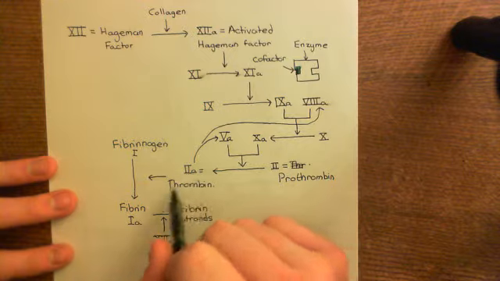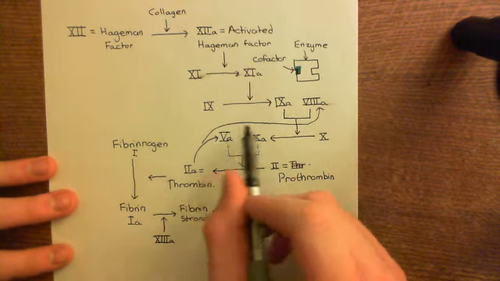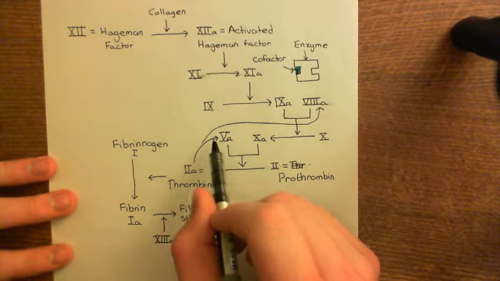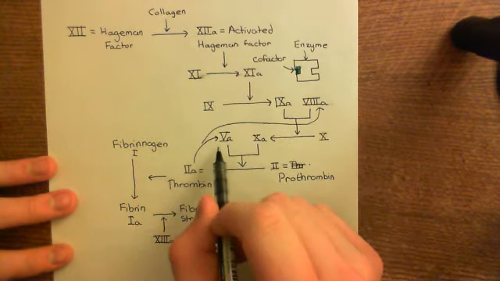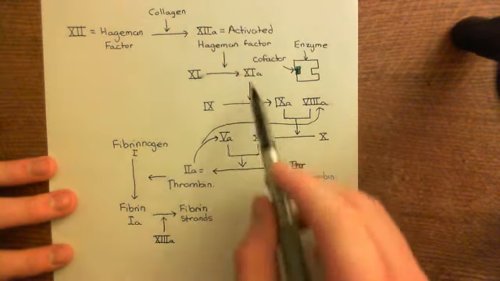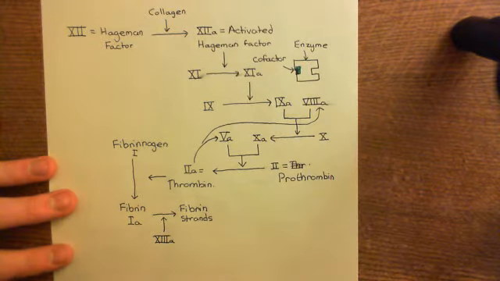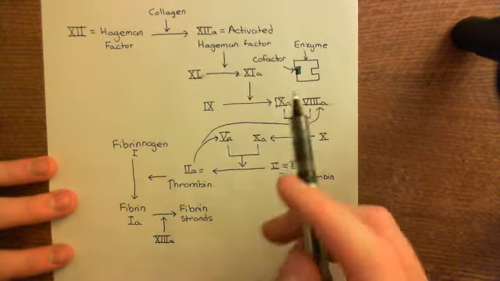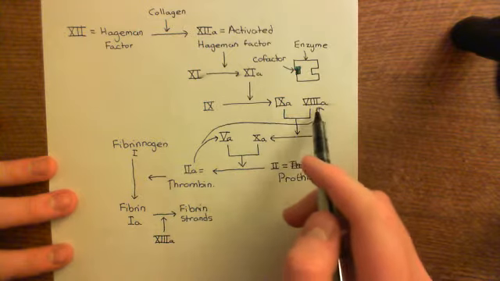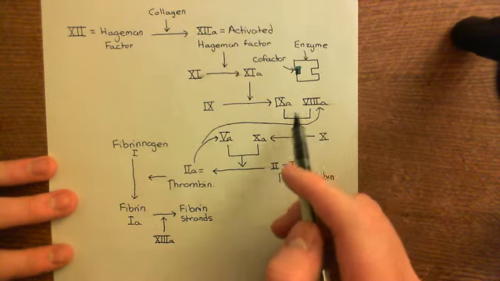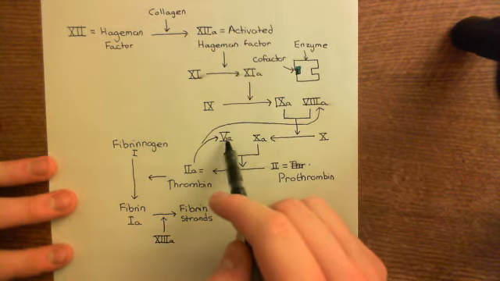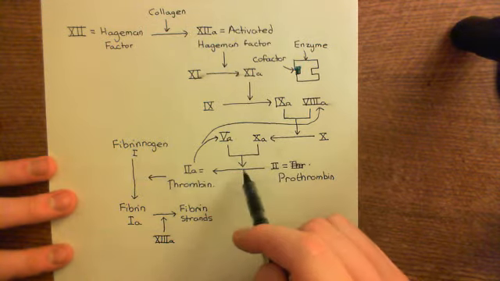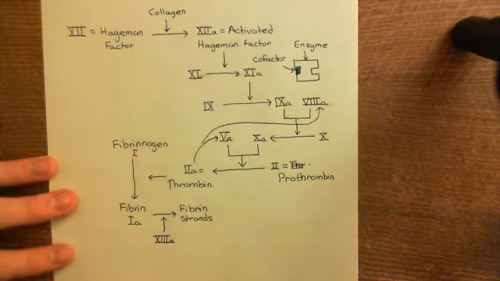Okay, and when you have thrombin being created, that will then lead to a positive feedback loop because it will upregulate the 8A and the 5A, so that this coagulation cascade can proceed much more, because now you'll have a massive amount of 9A and a massive amount of 8A, so you'll get a massive amount of 10A being produced. You've now got a massive amount of 10A and 5A, and that will lead to a massive amount of thrombin being produced.